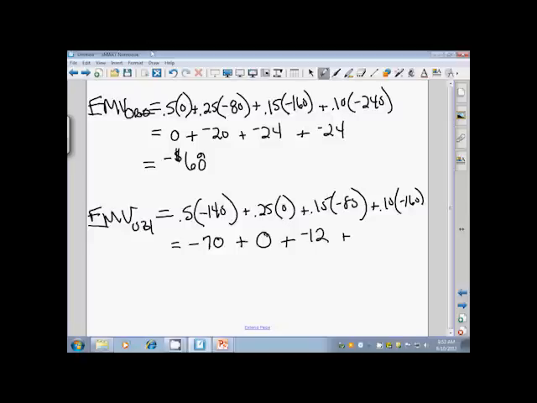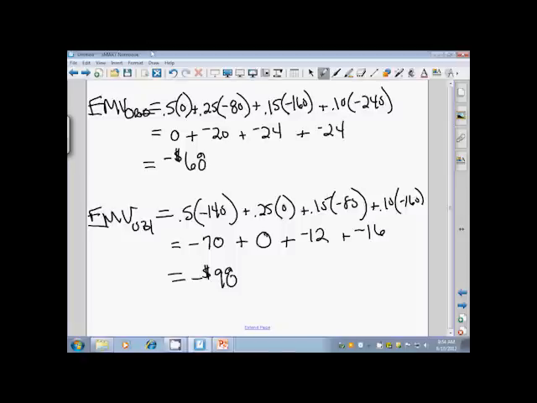Plus 0.10 times a -160 is a -16. I'm going to add all of this together. -70 plus 0 plus -12 plus -16, and I got a -$98. So our expected monetary value for overbooking one room is a -$98. So we'd be out $98.